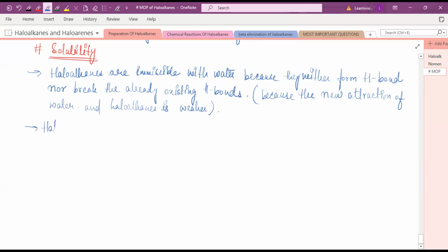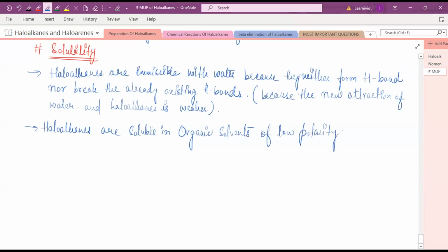But haloalkanes are soluble in organic solvents which have low polarity, like benzene, ether, etc.